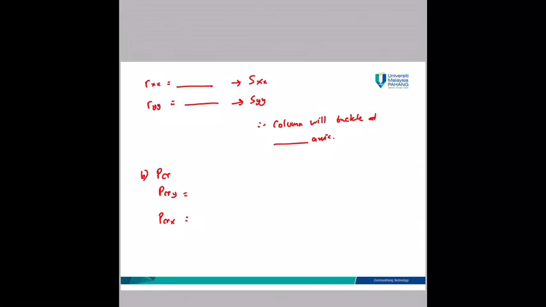For here, you will get PCRY, please do the calculation, and for X you will get. And C. You calculate factor of safety. They give you the allowable load is equal to 500 kN.